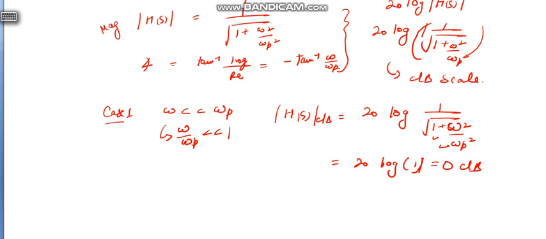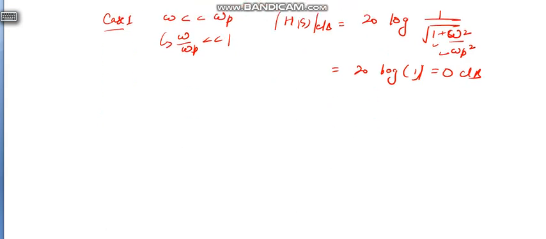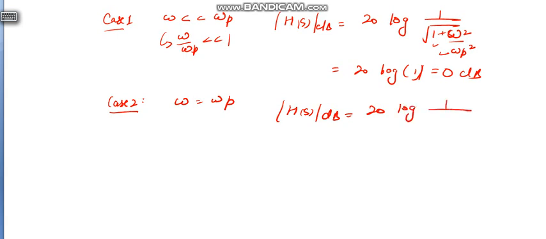Now let's consider case 2, when omega equals omega p. So magnitude in dB is given by 20 log 1 upon square root 1 plus 1, equals 20 log 1 by square root of 2.